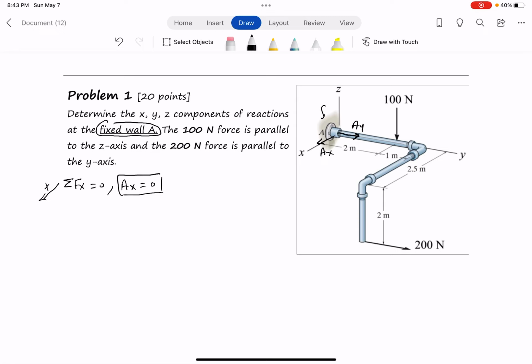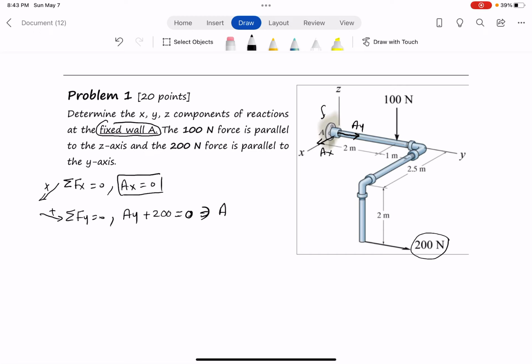Let's look at another reaction, AY. Let's do summation of forces of Y equal to 0. And you can see this is the assumed direction positive, AY. And you can see that there is one force going in the positive Y, 200. Nothing else.